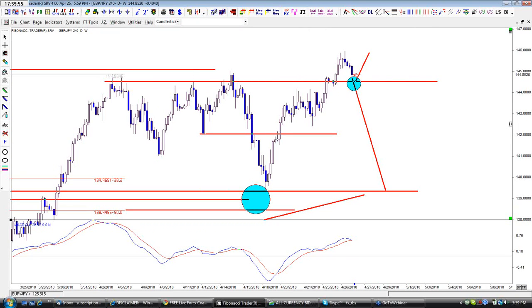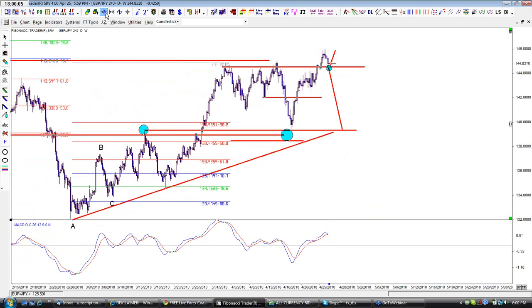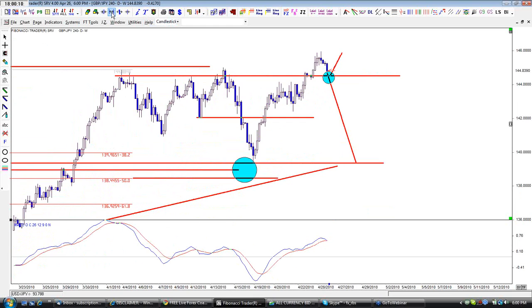Now this resistance is acting as support. Also, we have a trend line right here, but this is like a short-term trend line. Price can easily break that trend line and go bullish again.